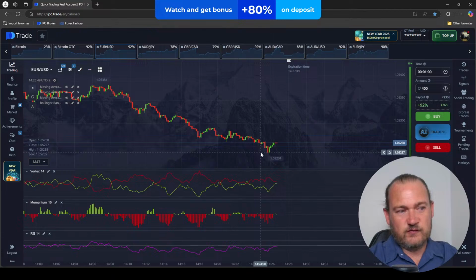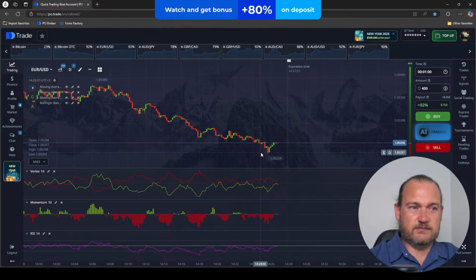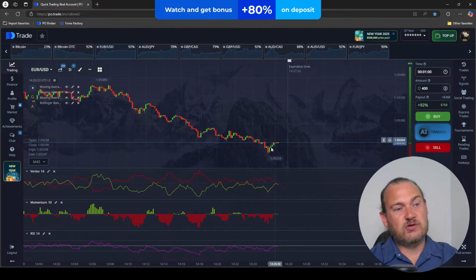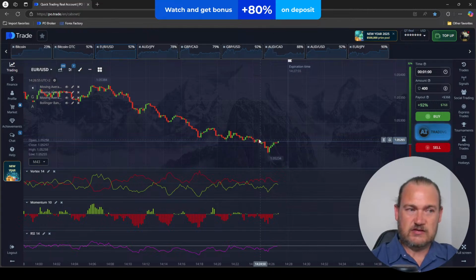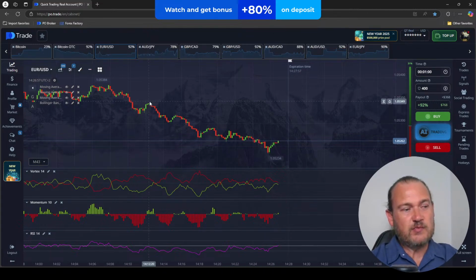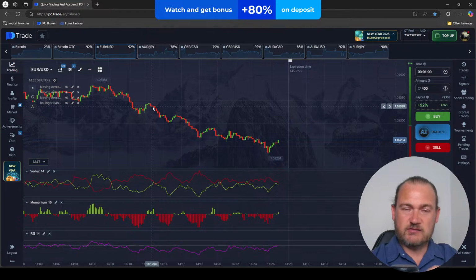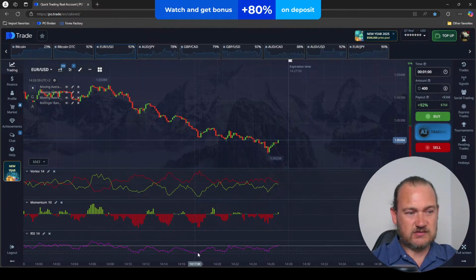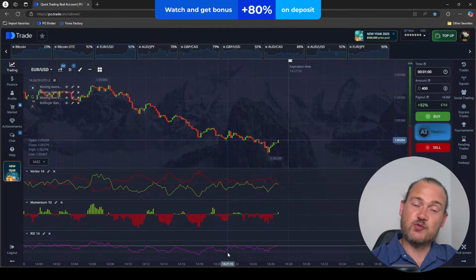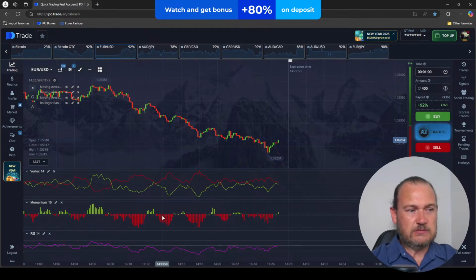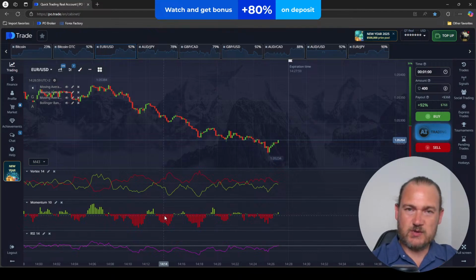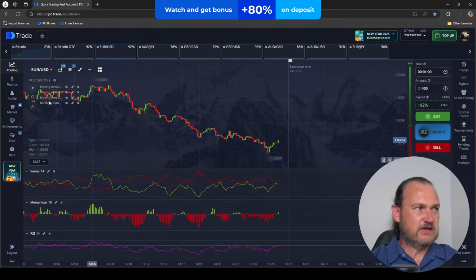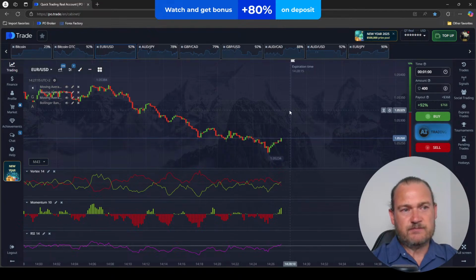We're not going to try to go against it. You have a much better chance of going with a move like this, especially if we have this strong bearish momentum. If the momentum is increasing like this, you have a much better chance to just go along with it than you would if you were to try to go against it.